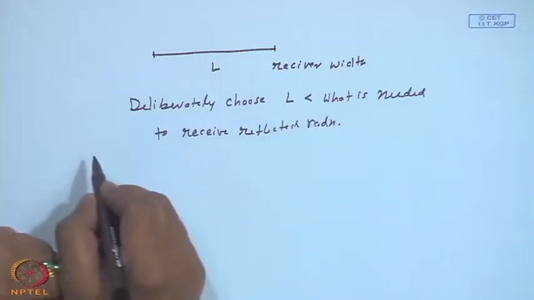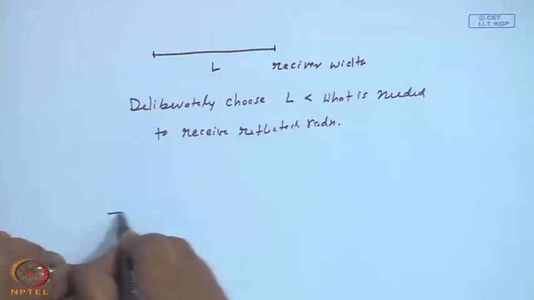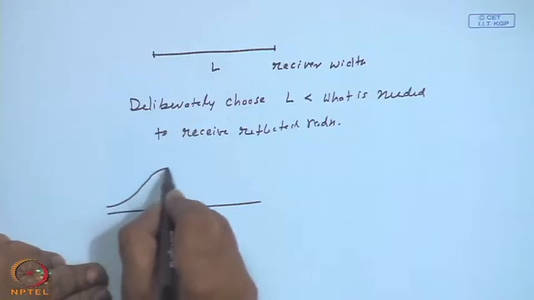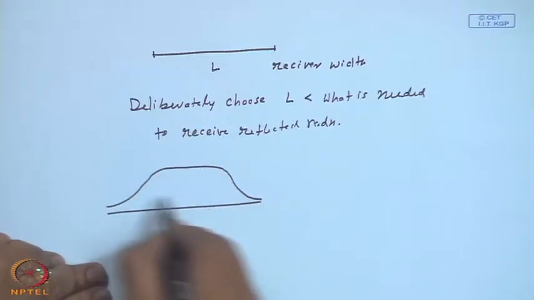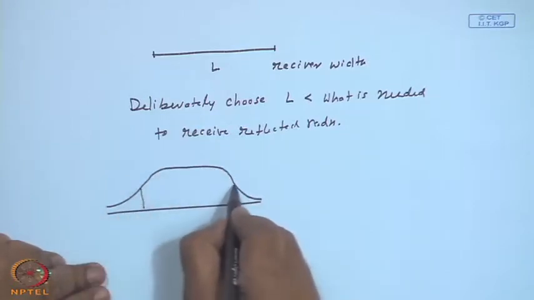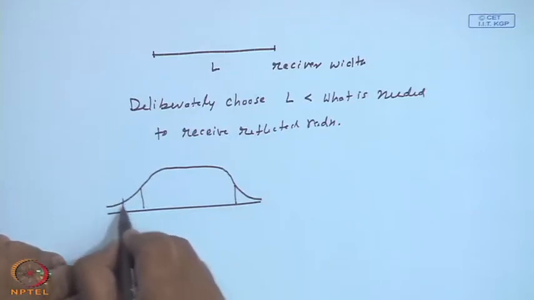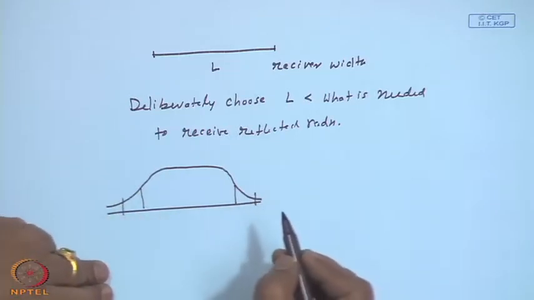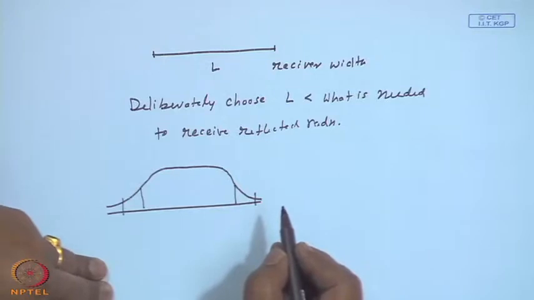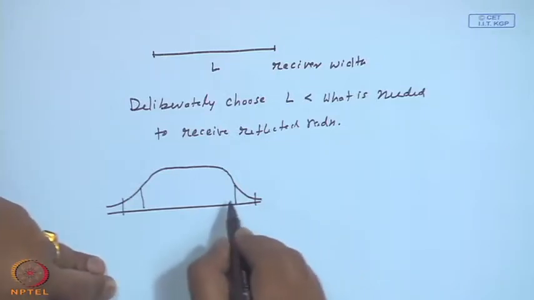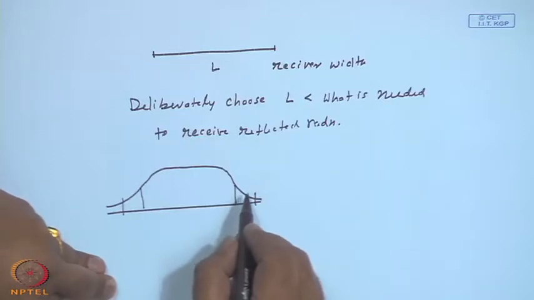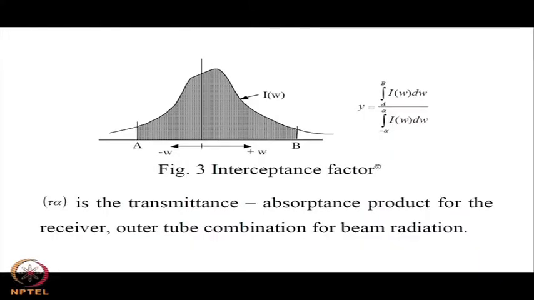Because if you see the type of distribution that we are having over here, 90% of it may be in this. So, if I add this much and this much, I will be having a larger area for the heat losses to take place, though the absorbed or reflected radiation is relatively a small portion. So, we may deliberately truncate the receiver width to a certain value.